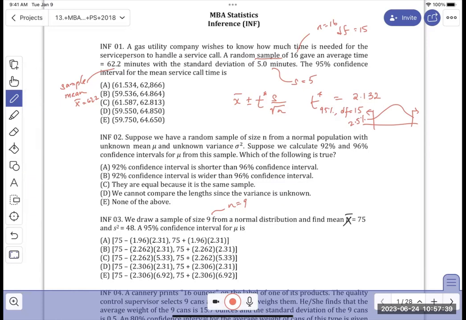All right, so this is the sample result. We draw a sample and compute X bar is 75 and S squared is 48. So you need to use not S squared, but S for the formula. So the square root of 48.